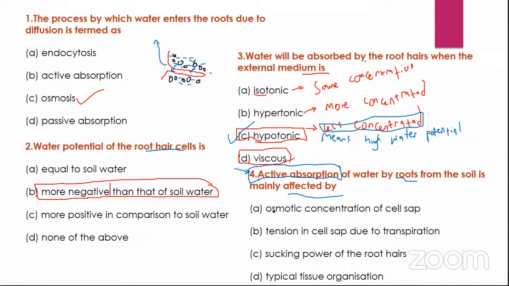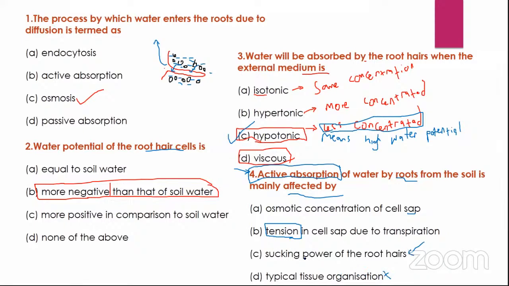A says osmotic concentration of cell sap. Then B says tension in cell sap due to transpiration. What you must know with tension is that it's a force which tends to pull two poles apart. Then sucking power of the root hairs can be due to concentration, and typical tissue organization is obviously not part.